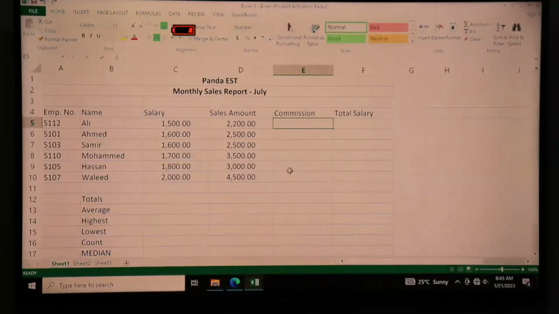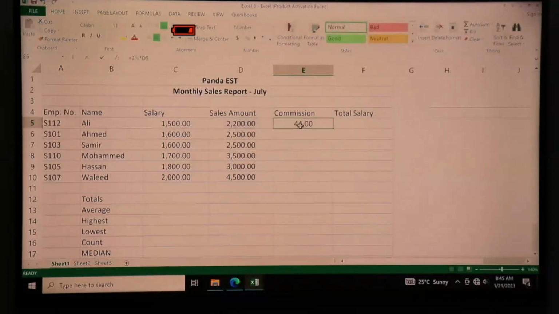That one, you just type it direct: 2% of the sales amount. Then you press enter.